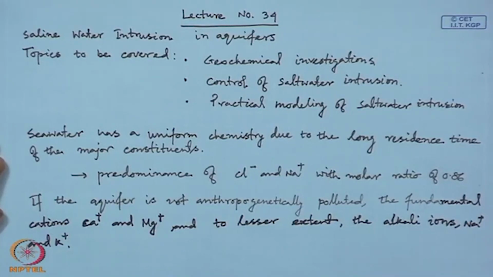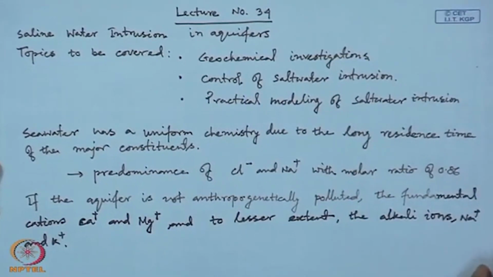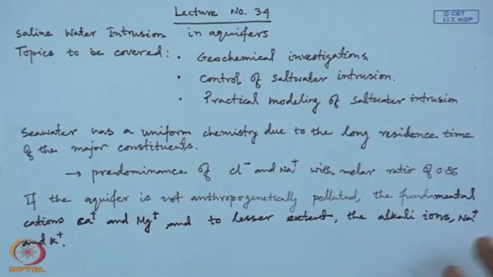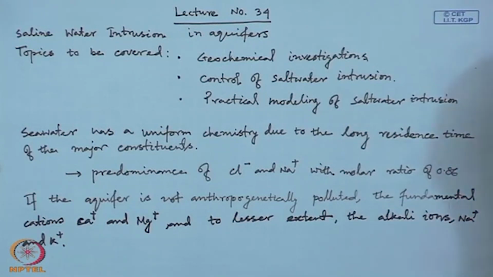So, to identify saltwater intrusion, different indices or parameters can be defined. The first one is salinity.